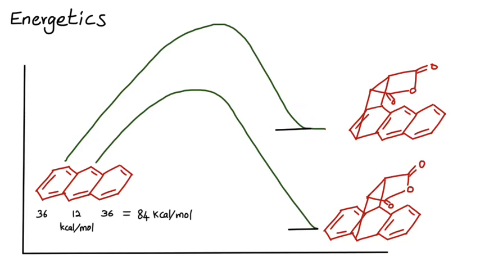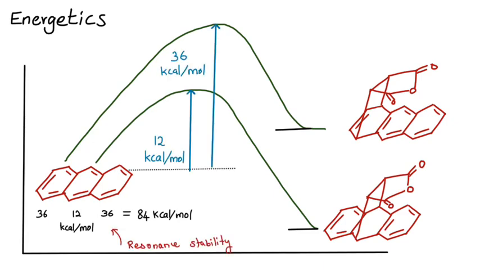So to get a more stable product, you have to react with the middle ring, or it automatically reacts. Maleic anhydride automatically adds to the middle ring, because of this reason: the stability of the product is higher.